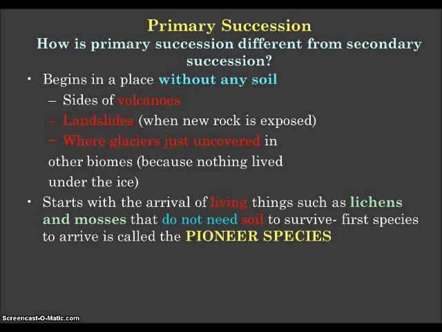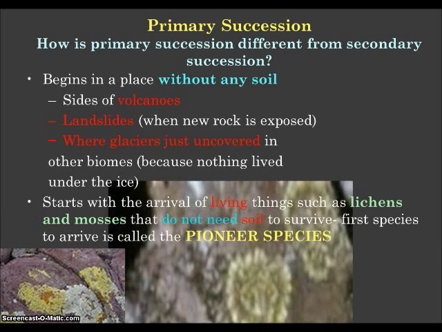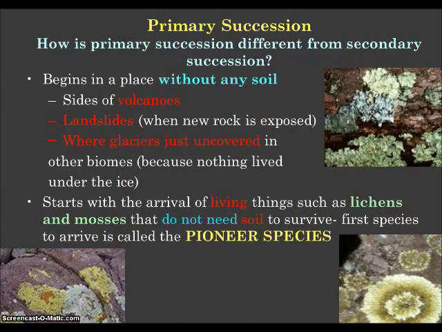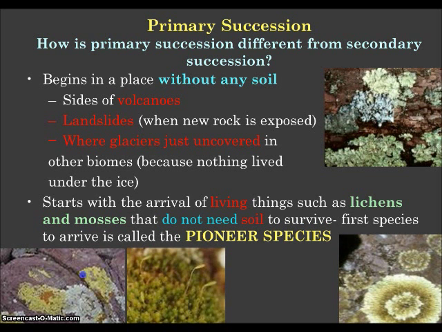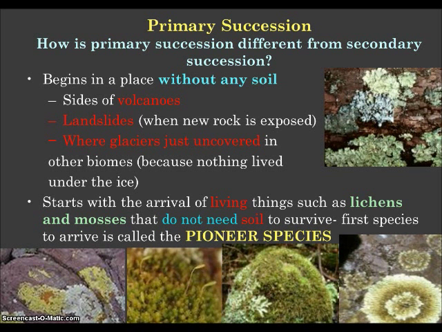So the pioneer species is the first ones. Here's a picture of lichen, and it looks like it's actually growing on a rock. And like Miss Hames mentioned, there's no soil required here. This is a form of moss. It's very pretty, kind of like a blanket, and it can grow on a rock or on a tree. No soil required. Those are pioneer species.